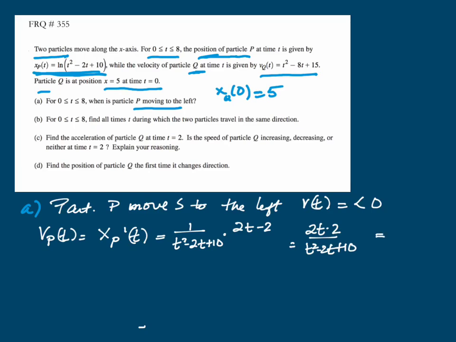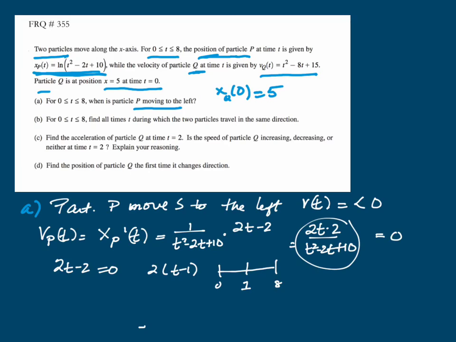And we want to know when that's equal to 0 first, because then we can do a little sign chart. So we got 2t minus 2 equals 0. Factor out a 2 and you get t minus 1. So you have a critical point at 1, and it was from 0 to 8. You can't use end behavior for this rational function, so you're going to have to test points.